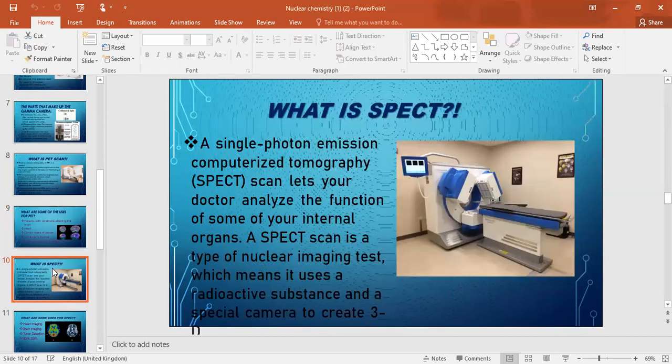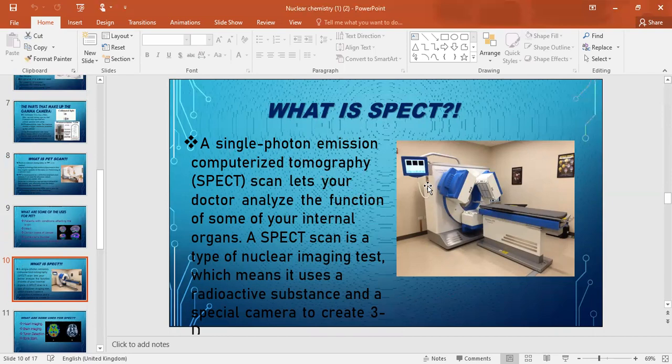What is SPECT? SPECT is single photon emission computerized tomography. This is the abbreviation of SPECT, and this is the picture of this SPECT scan. It lets your doctor analyze the function of some of your internal organs.